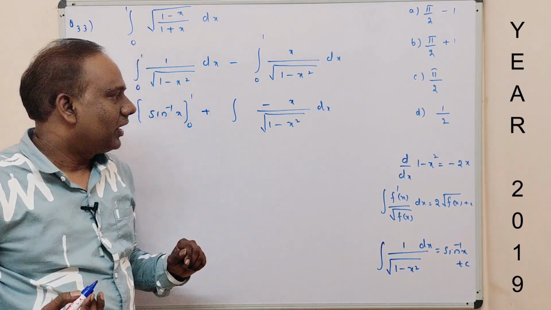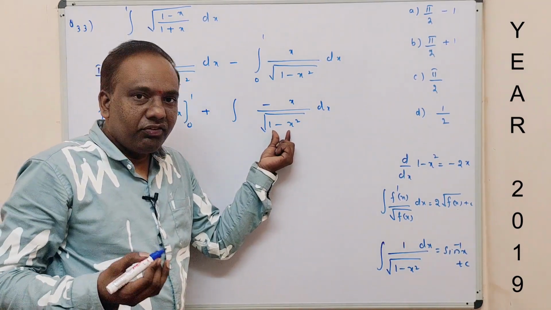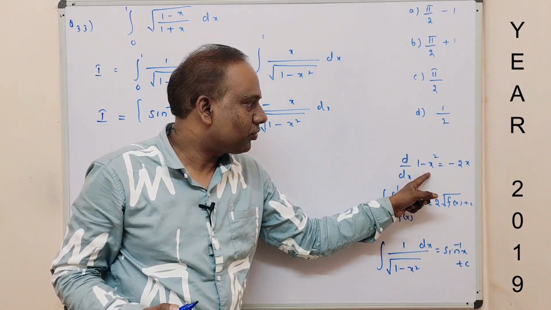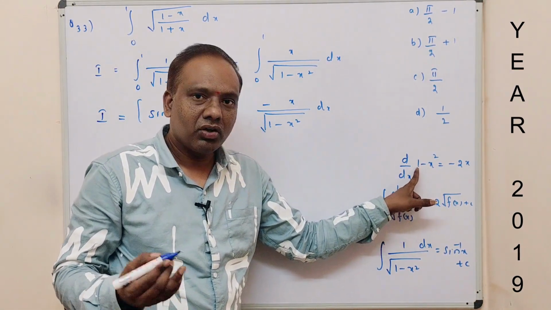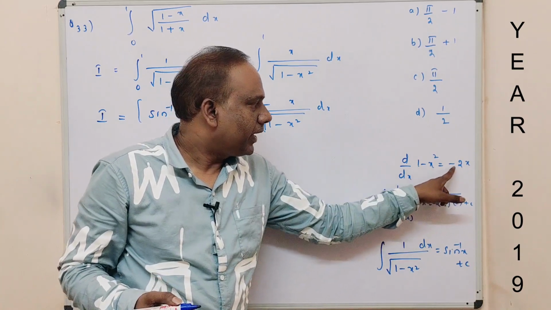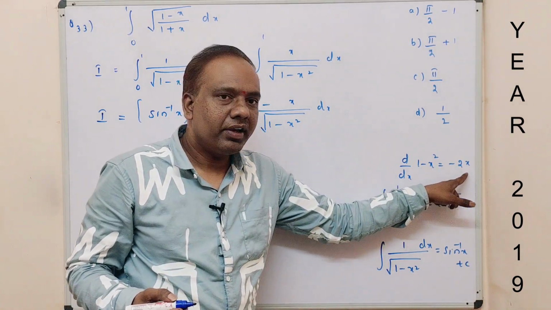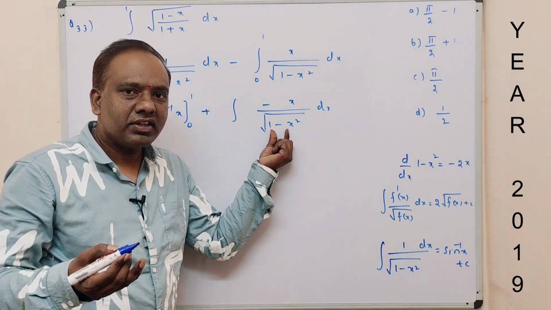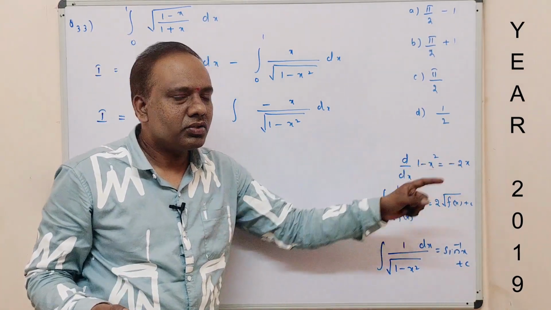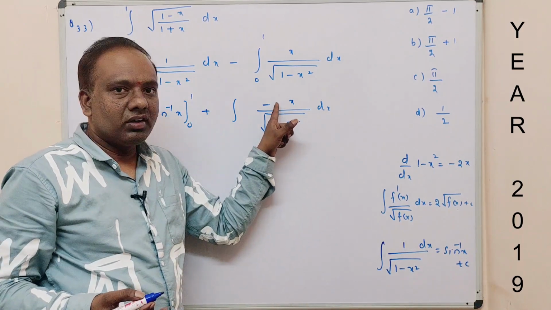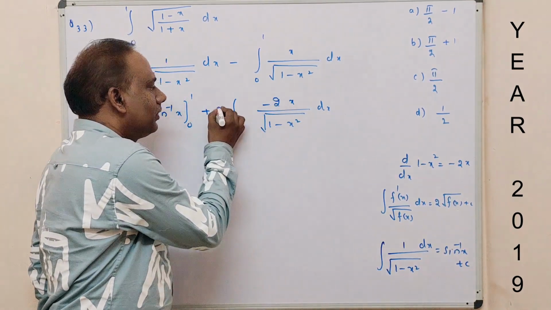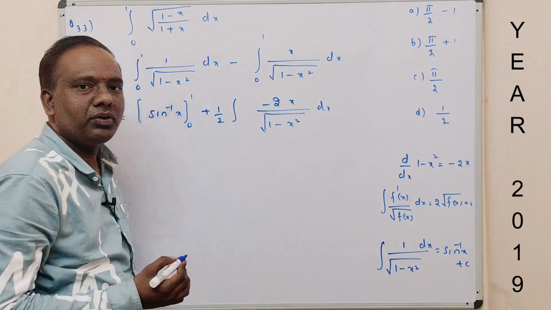The differentiation of 1 minus x square is, the constant is 0, minus the differentiation of x square, which is 2x. That means the differentiation of 1 minus x square is minus 2x. So here 2 is missing. That's why we can multiply and divide it by 2.